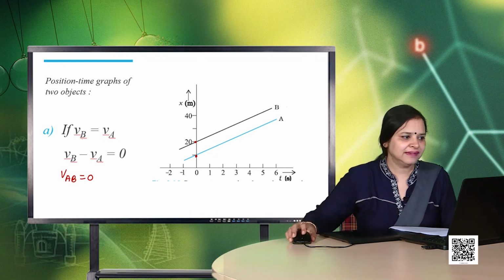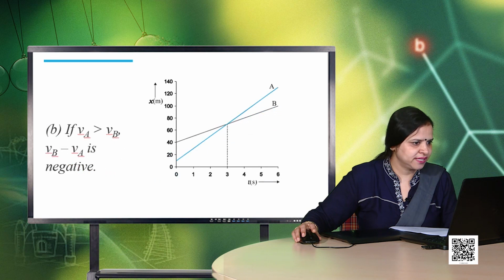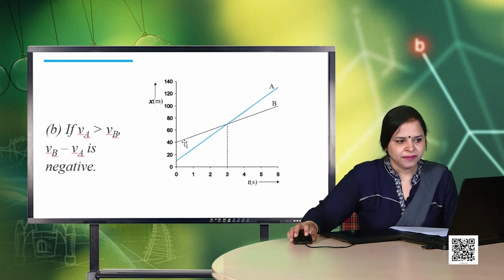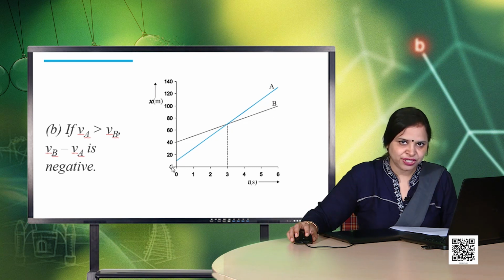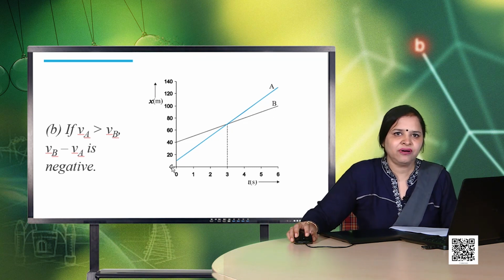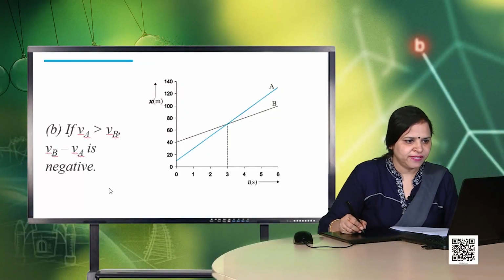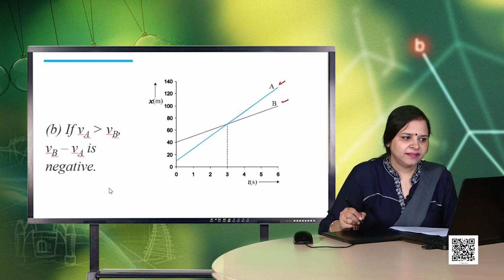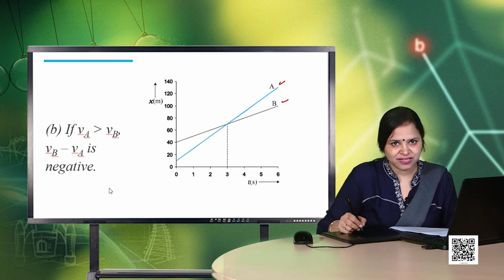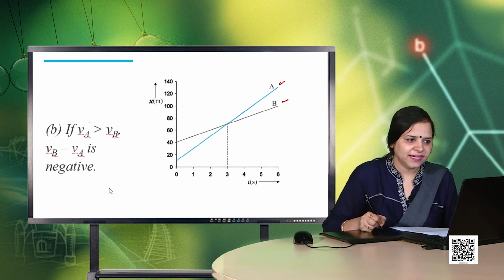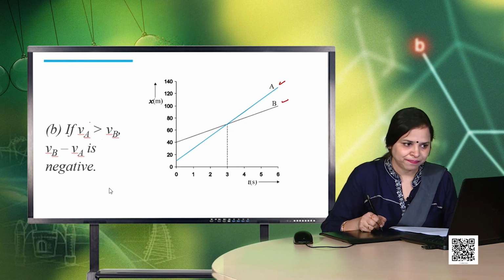Now, let us consider another situation wherein initially the objects are at different positions. They may be at the same position or they may be at different positions. In this situation we consider that the two objects A and B are moving with different velocities, with VA greater than VB.